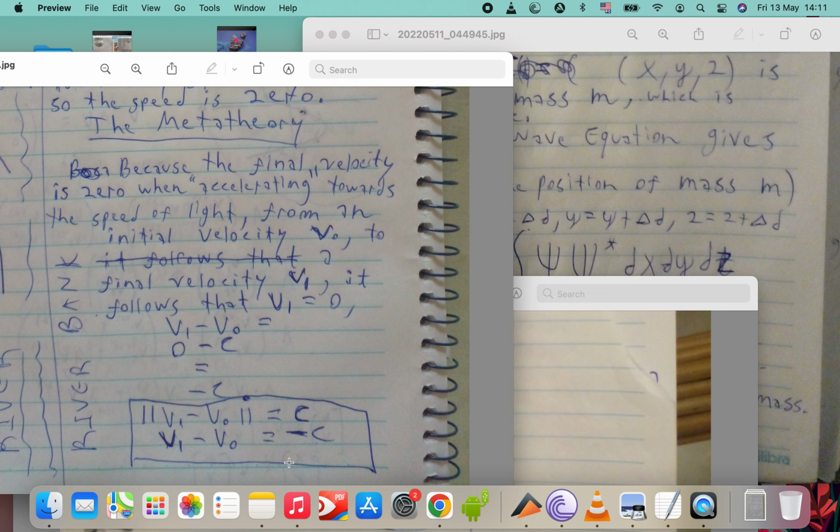But this expression here is, if we wanted to give it a name, we would call the conversion equations for a full conversion from mass to energy.